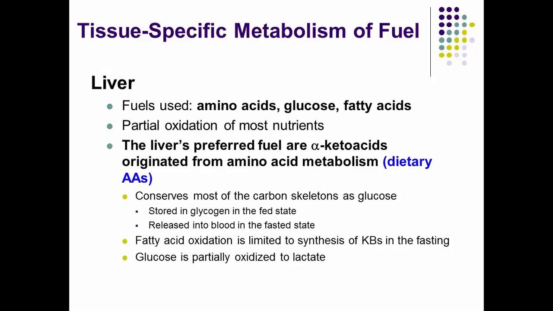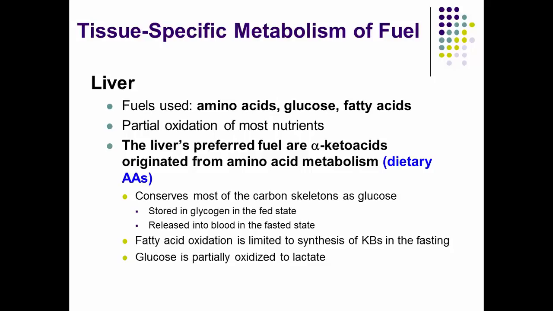And in terms of fuels that can be utilized by the liver, the liver contributes a lot of important energy fuels for other tissues, but the liver itself also needs energy to perform this kind of activity.